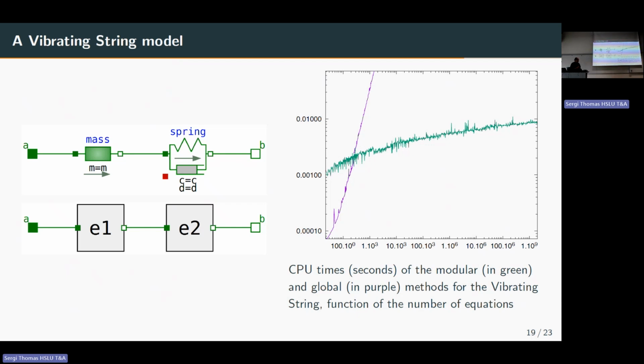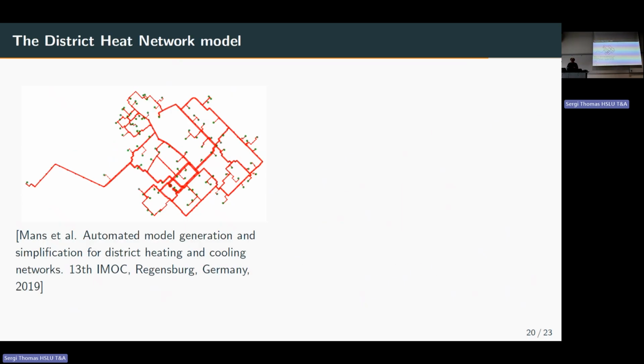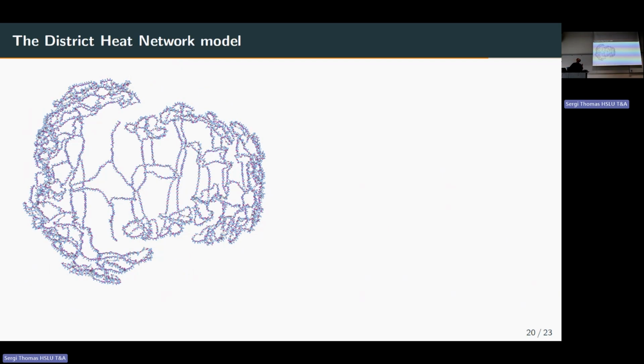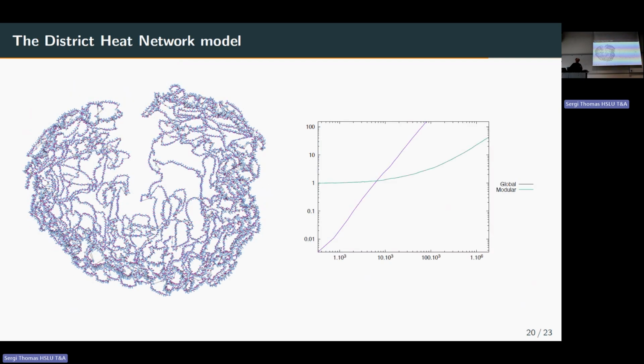So the time complexity is logarithmic in the size of the system, and you can go up to billions of equations. For the discrete heat network model, I've made it parametric, so you can make it as complex as you want.